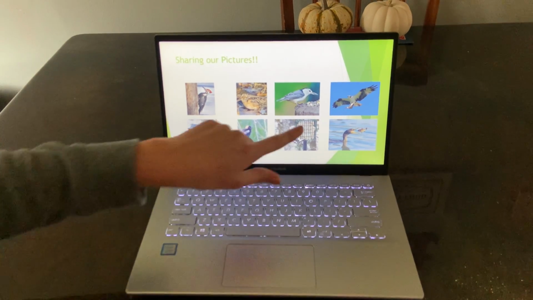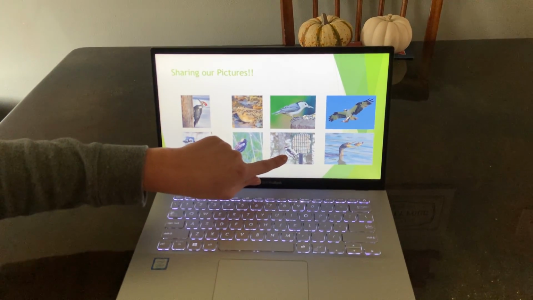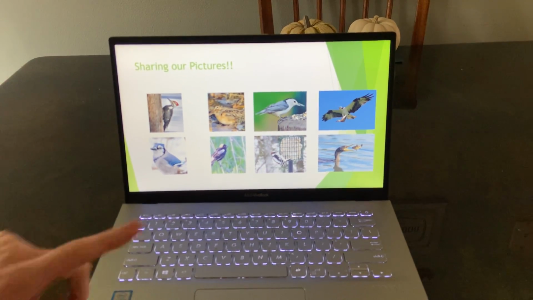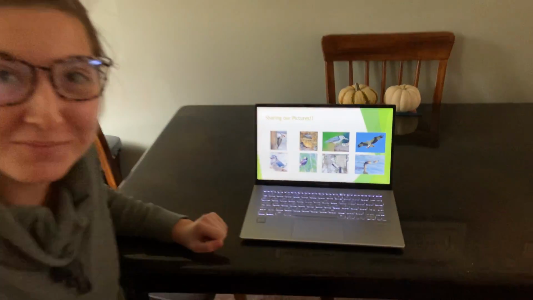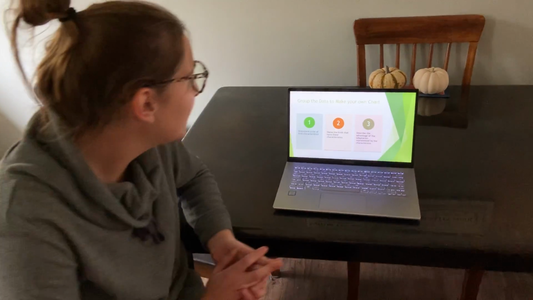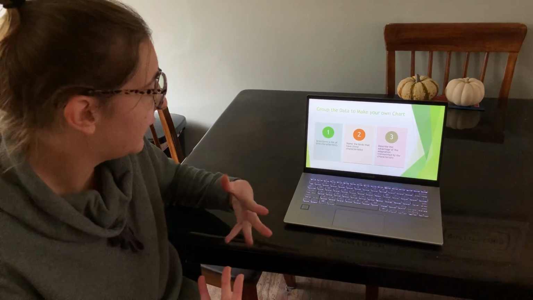Oh, see, and then this one's eating bird feed. Oh my goodness, all of these birds are different, but they eat different things and they look different. That's called an adaptation.